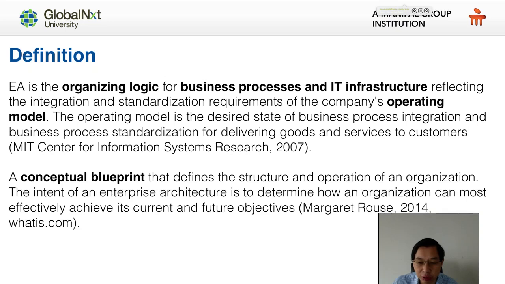Here's another definition from Margaret Rouse, taken from whatis.com. She talks about enterprise architecture as a conceptual blueprint that defines the structure and operation of the organization. The intent of the enterprise architecture is to determine how an organization can most effectively achieve its current and future objectives. So, conceptual blueprint, that's her keyword.